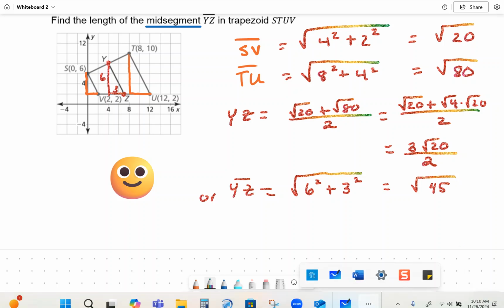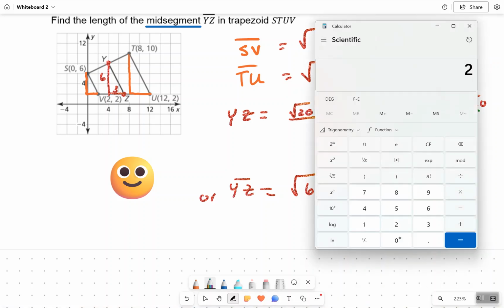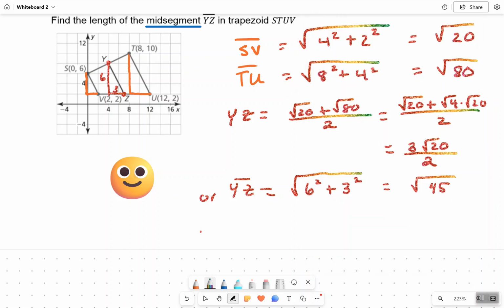If we want to turn stuff to decimals, let me just jump into a calculator here real quickly. Let me go square root of 20 times 3 and divide it by 2. What value do you get about there? 5.97. Same thing here. If I went the square root of, what was it, 45? Something's not working out here.